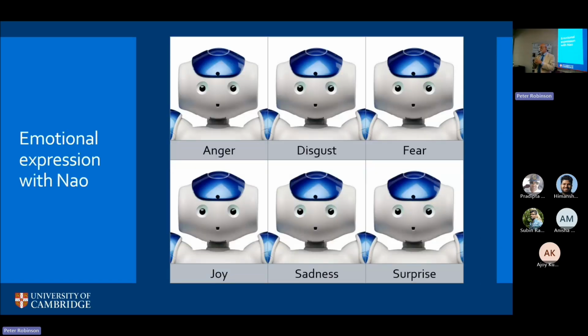Their faces are actually hard plastic. They just have light emitting diodes for the eyes. You can't really tell the expression that it's showing, and yet people think that it's showing emotions. They actually imbue it with emotions, even though it patently has none.